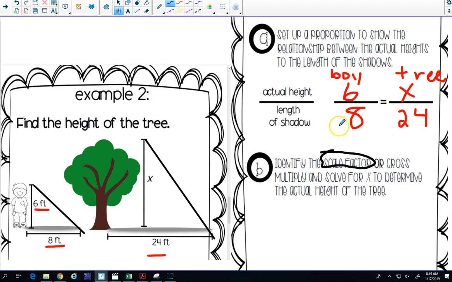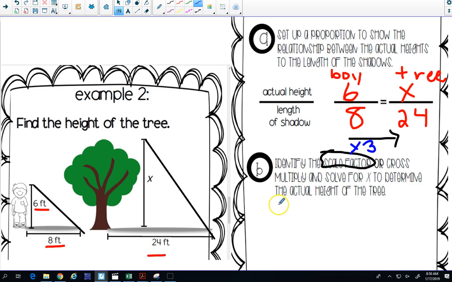So for the scale factor, you would be looking for the relationship that's going across. Do you guys see the relationship between 8 and 24? What would you do to 8 to get 24? You'd multiply it by 3, right? So this is a times 3 relationship. So the scale factor is times 3.